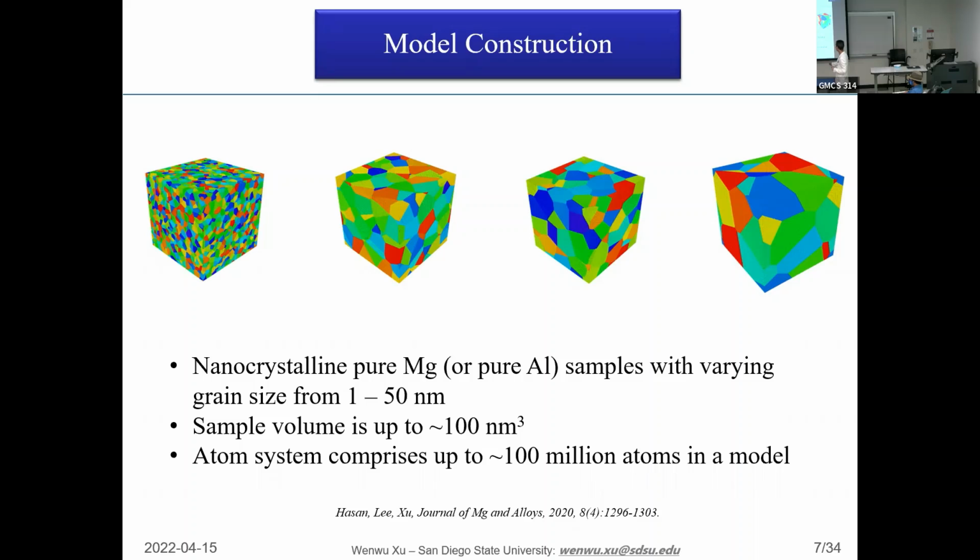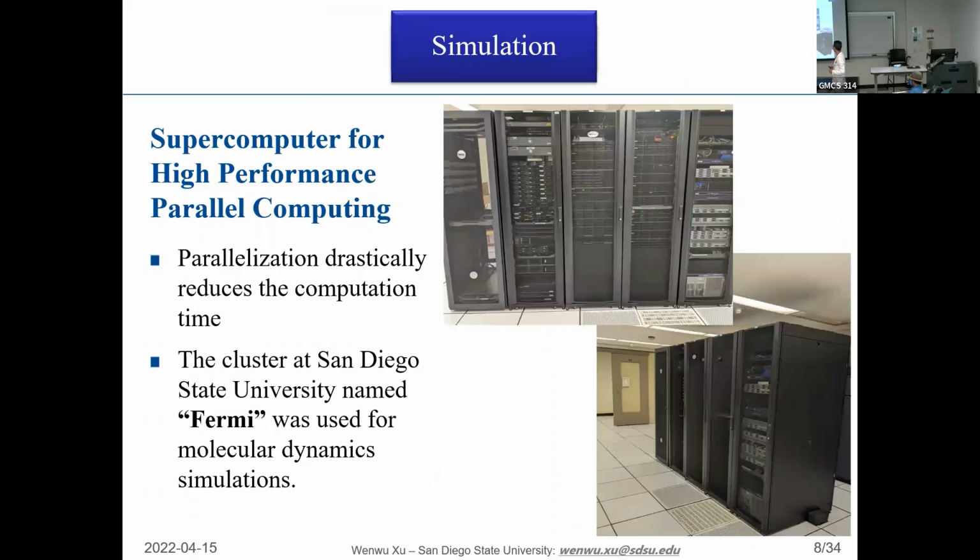And then the system consists of approximately 100 million atoms in each one of those models. So this is not a small amount of atoms in the system. That means we need a supercomputer to be able to conduct this kind of simulation. And the good news is, in our university, we have a reasonably sized supercomputer cluster on campus, which is called Fermi.